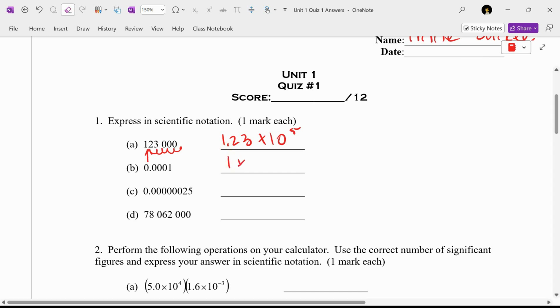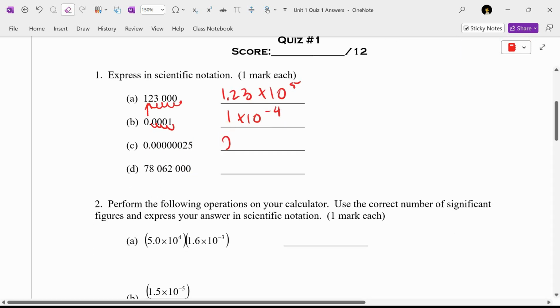This is going to be 1 times 10 to the 1, 2, 3, negative 4. If you wrote 1.0 times 10 to the negative 4, I'll give you full credit because it did not say anything here about sig figs. Had it said to the correct number of sig figs, I would take a half mark off because you wouldn't be to the correct number of sig figs. But here they didn't say, so I'm good with it.